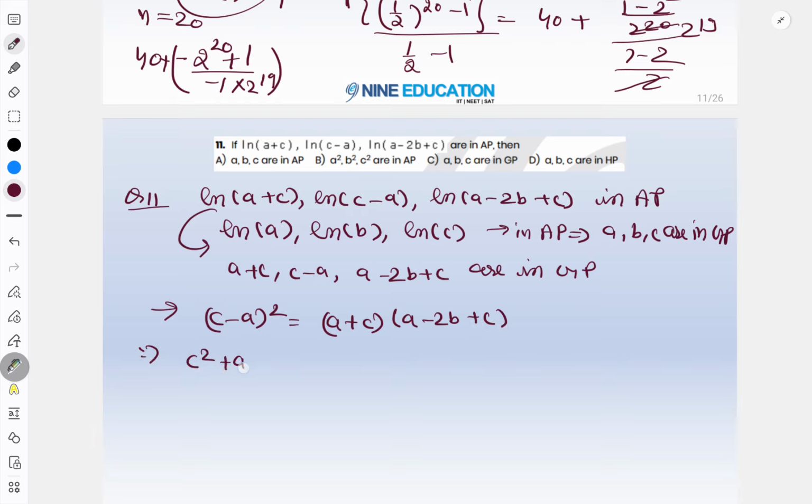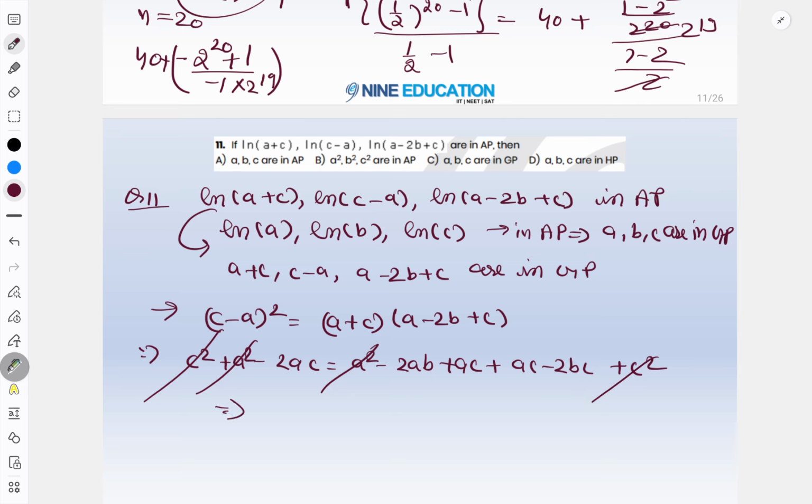Solving, C square plus A square minus 2AC is equal to A square minus 2AB plus AC minus 2BC plus C square. Whatever is getting cancelled, we need to cancel it. A square and C square get cancelled. So if we take it that side, minus 2AC is equal to minus 2AB plus 2AC minus 2BC. Therefore, let's cancel the 2.